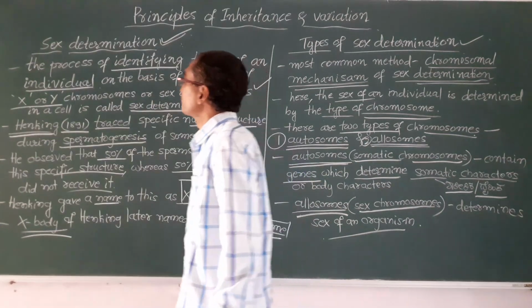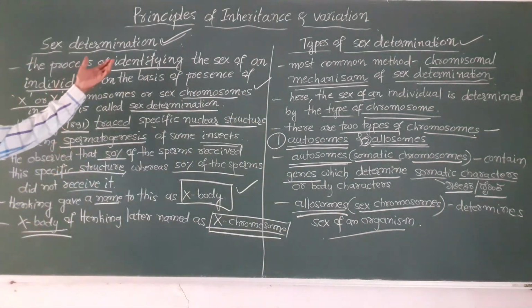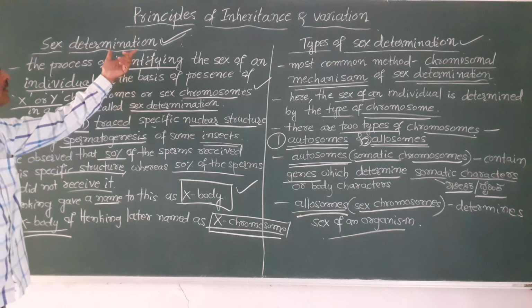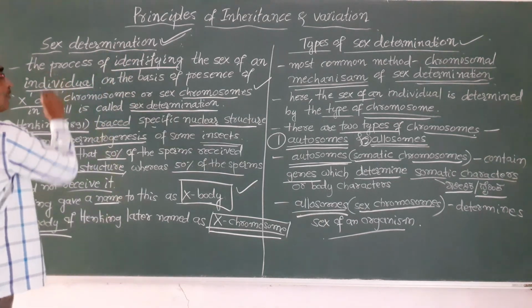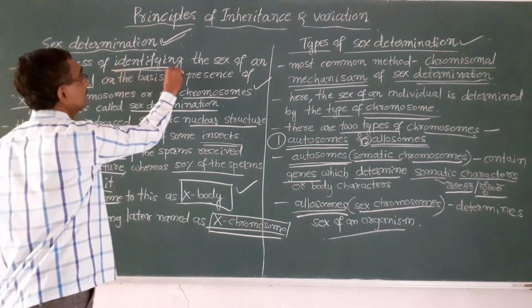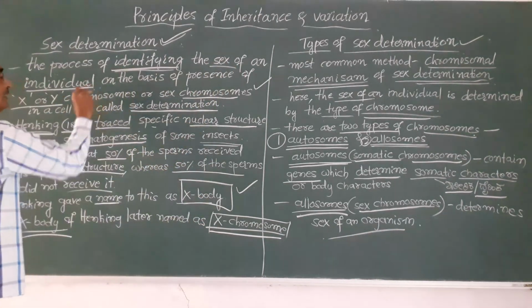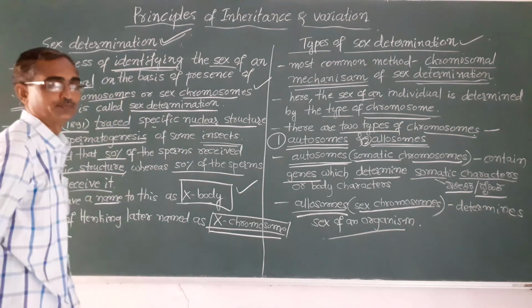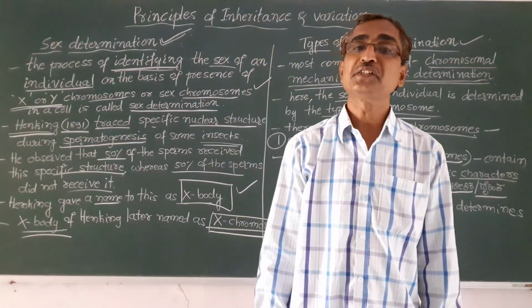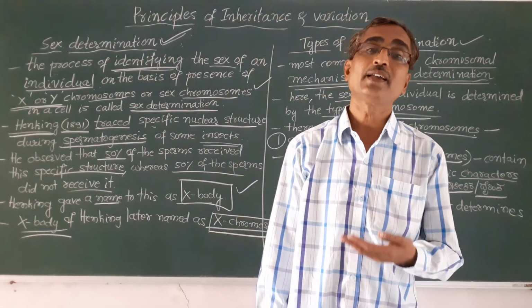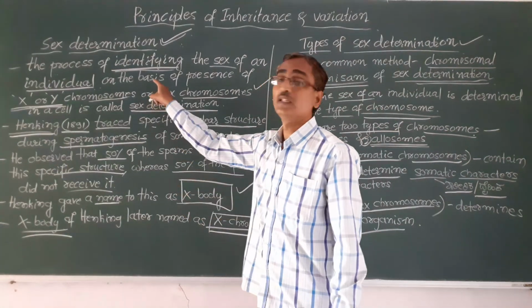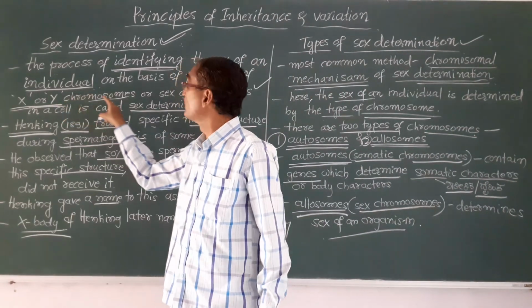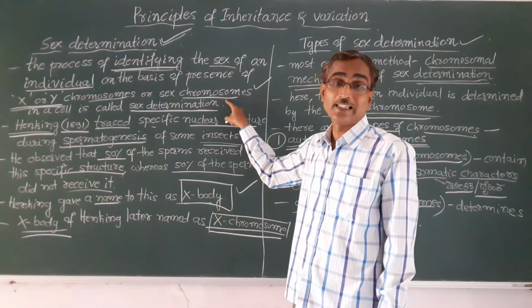Let us understand the meaning of sex determination. Sex determination is a process of identifying the sex of an individual on the basis of the presence of X or Y chromosomes, which are also called sex chromosomes.